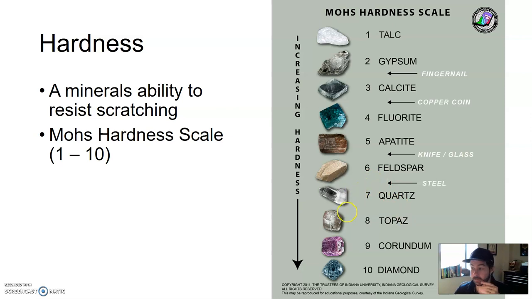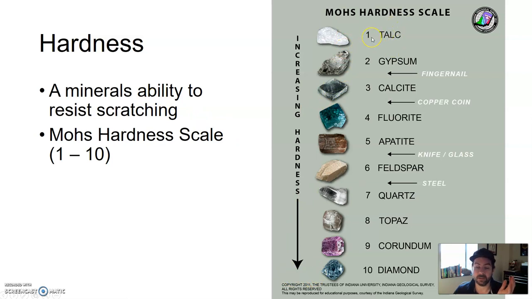And then another characteristic is hardness, how hard a mineral is. Hardness is different than how strong a mineral is. Hardness is a mineral's ability to resist scratching, to scratch or be scratched. And it's based on a scale from 1 to 10.